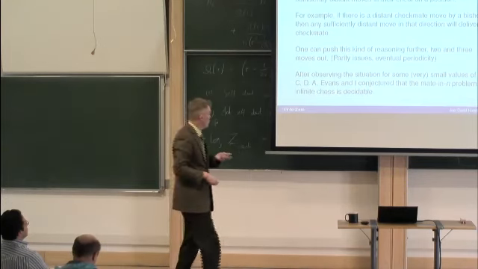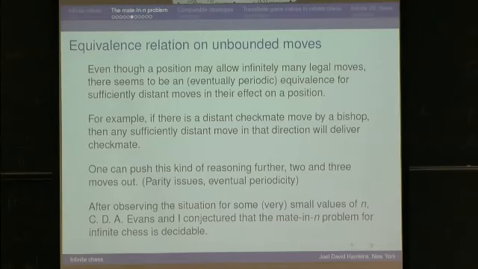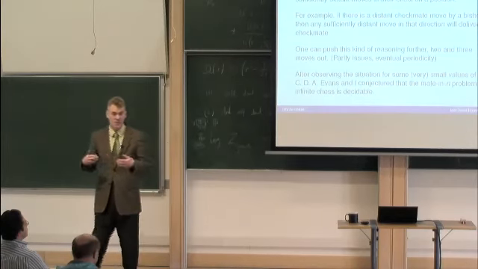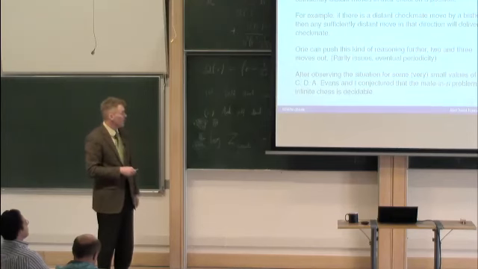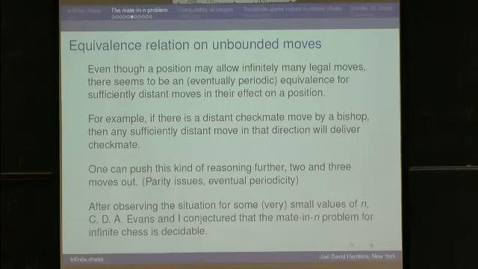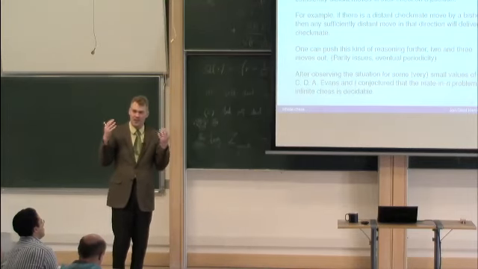Okay, now if you push that kind of reasoning further, then you can start to understand what's happening after 2 and 3 moves. And Corey Evans and I realized that the mate in 2 problem is actually decidable because of this kind of reasoning. Mate in 3, okay, it's much more difficult to understand what's going on. And as we went a little bit higher, well, 3 is as high as we got with that kind of reasoning, we felt that we had to understand sort of all of chess in order to make the argument go through.